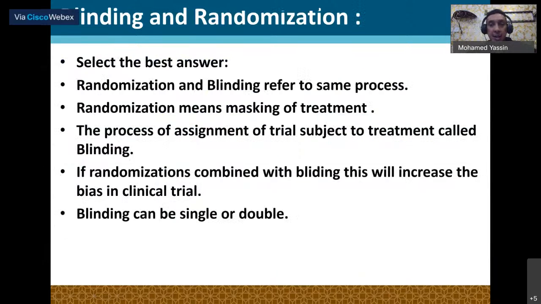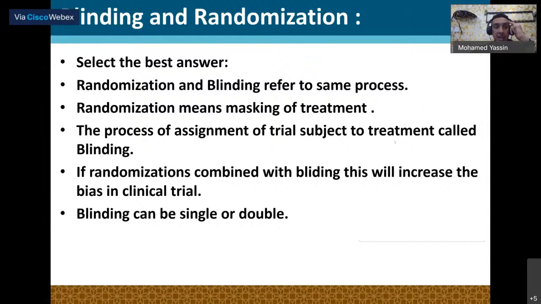So we are talking frequently now about blinding and randomization. I'm going to give you a set of questions. Just think of it and try to figure it out rapidly, so we select the best answer for this quiz. Number one, randomization and blinding refer to the same process. Number two, randomization means masking of treatment.